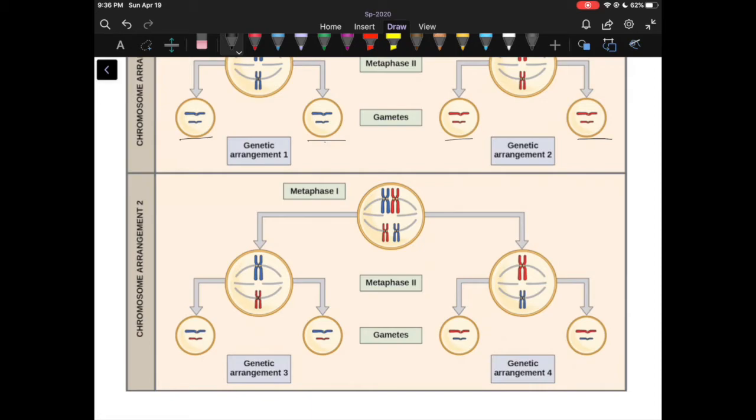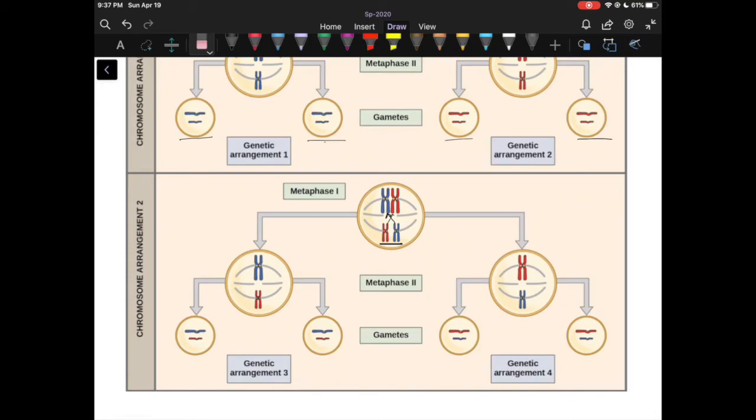In this lower diagram, you can see that the homologous chromosomes for the bottom chromosomes are now switched. So the blue one and the red one are on the opposite sides. This red one is on the opposite side of that one, and then this blue one is on the opposite side of the bigger one. And basically what this does is it's going to separate those differently.